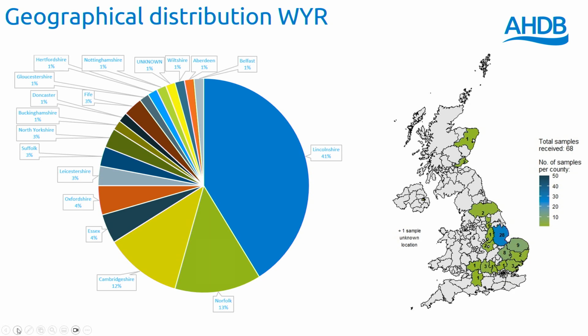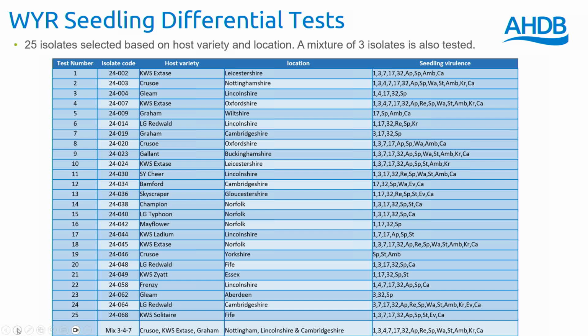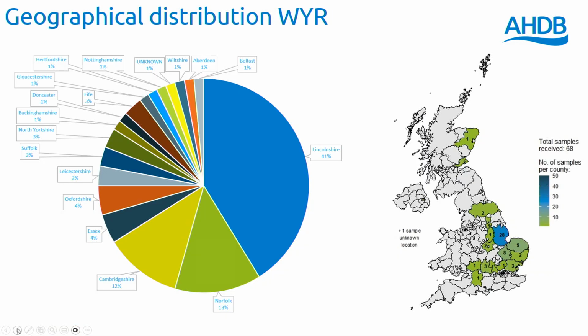We received 41% of our isolates from Lincolnshire, then 15 from, can I go back, please? Thank you. 13 from Norfolk and 12 from Cambridgeshire. So we have quite a good distribution this year, but obviously predominantly from Lincolnshire.